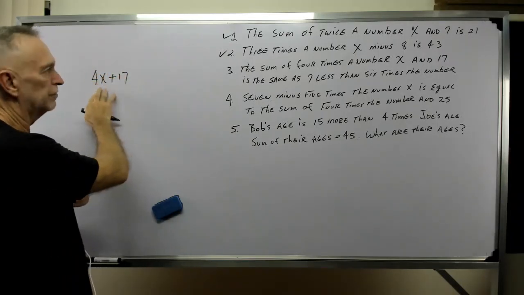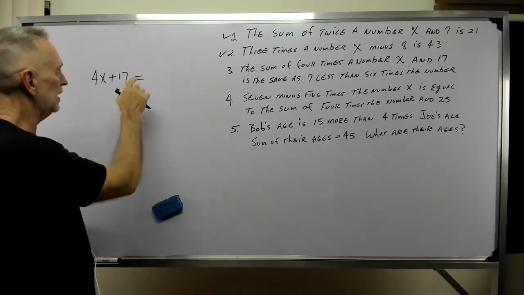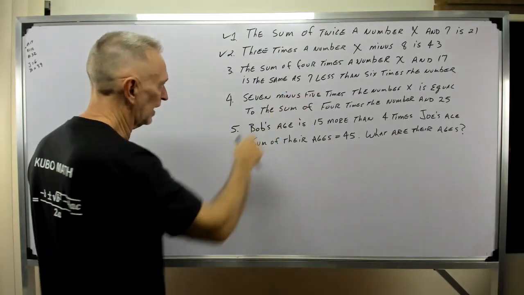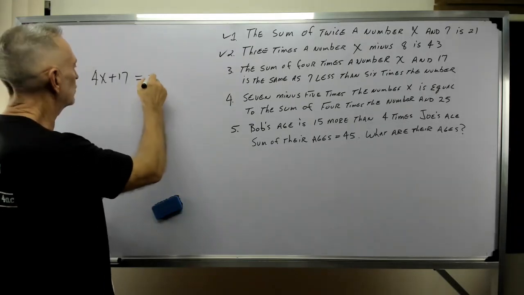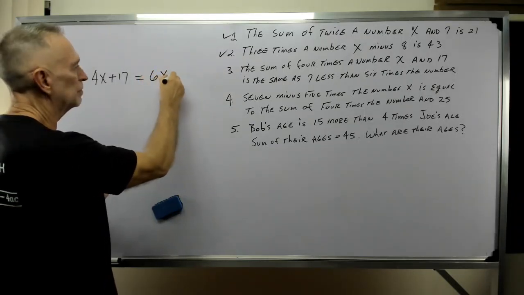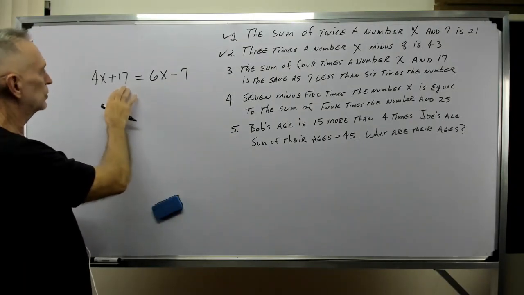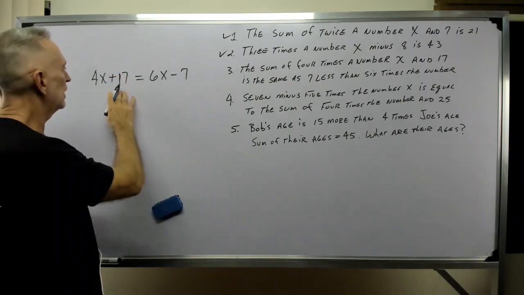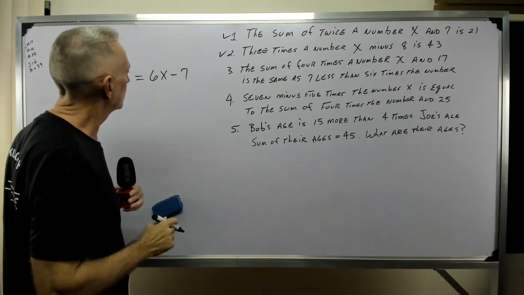The sum of 4x plus 17 is the same as 7 less 6 times the same number. 7 less 6 times, so 6 times minus 7. 4 times a number and 17 equals 6 times the same number less 7.